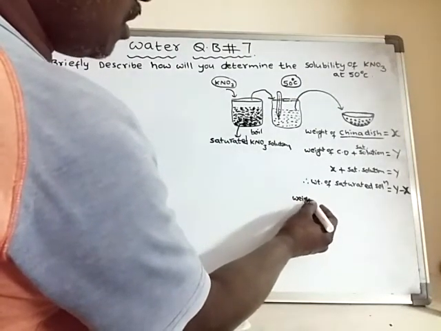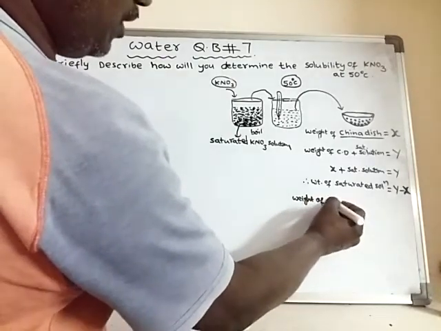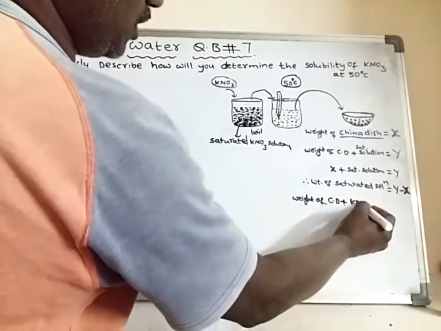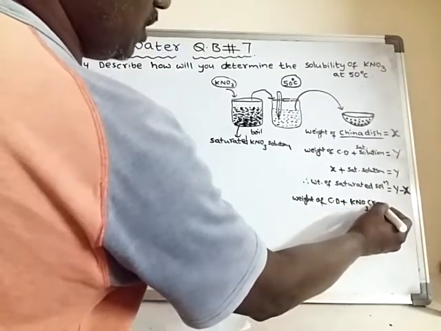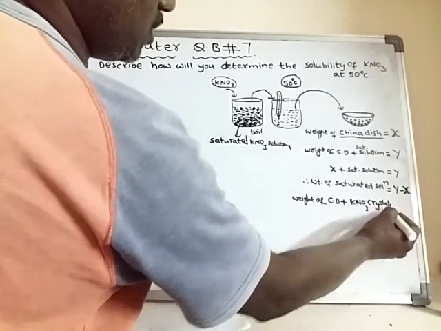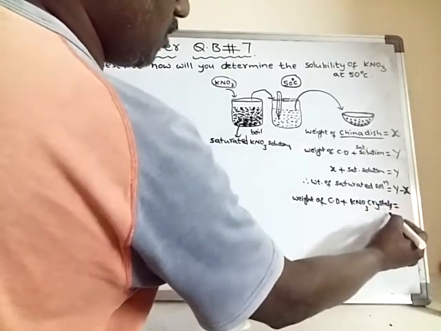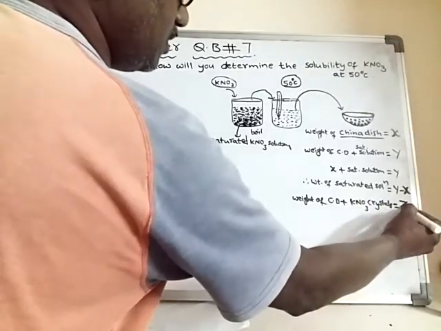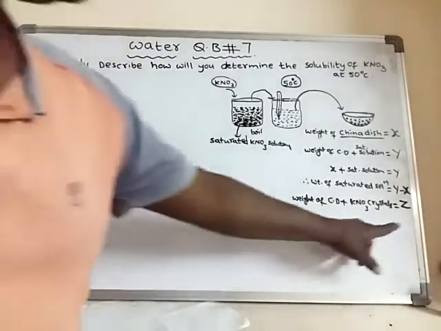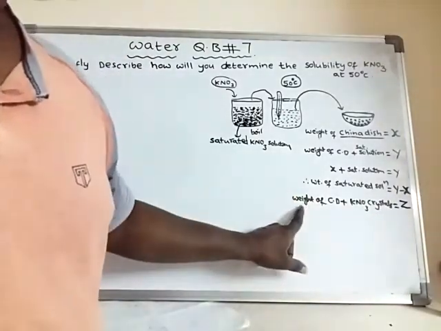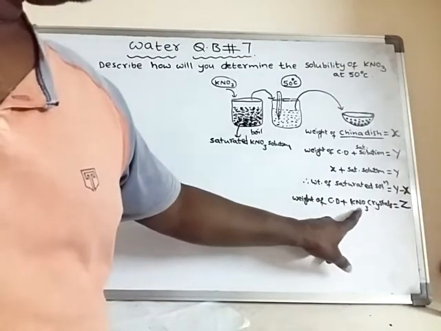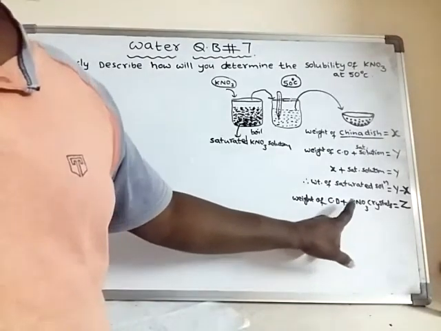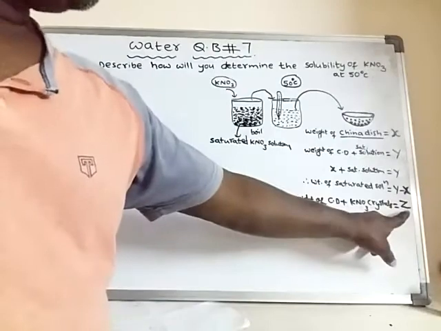Let us assume the weight of china dish plus KNO3 crystals is Z grams. So Z is equal to the weight of the empty china dish along with the potassium nitrate crystals together.